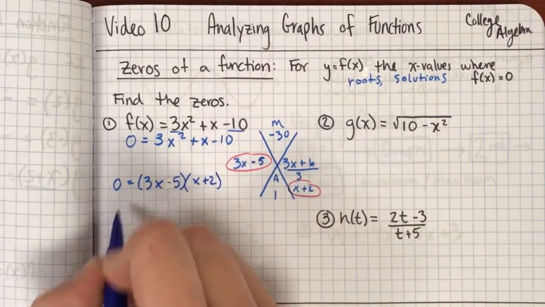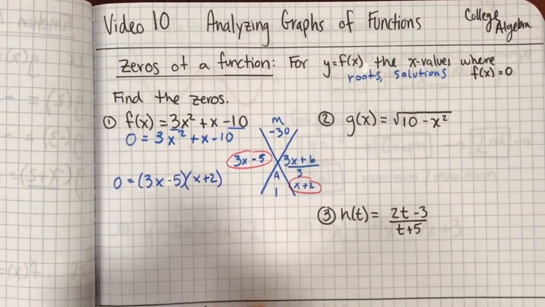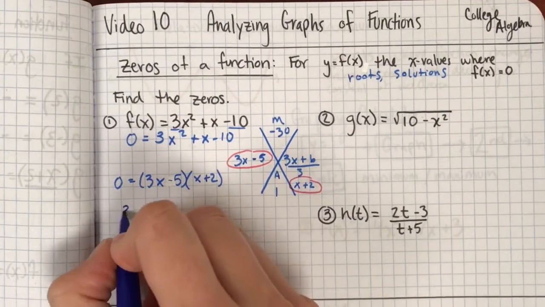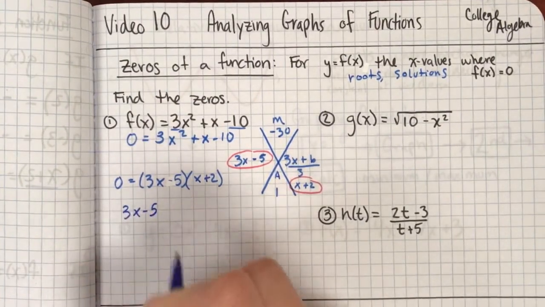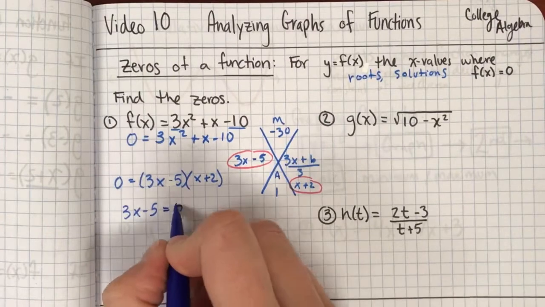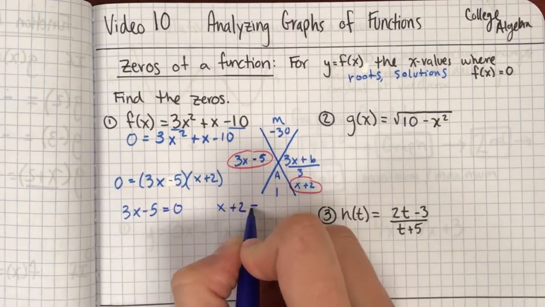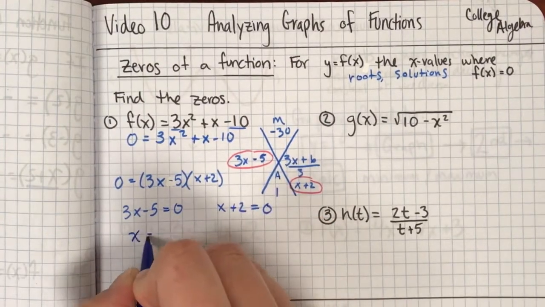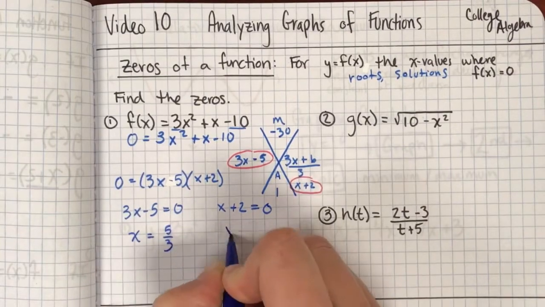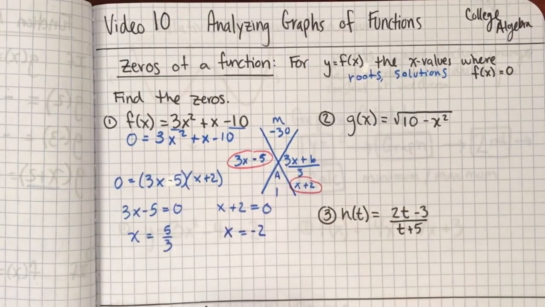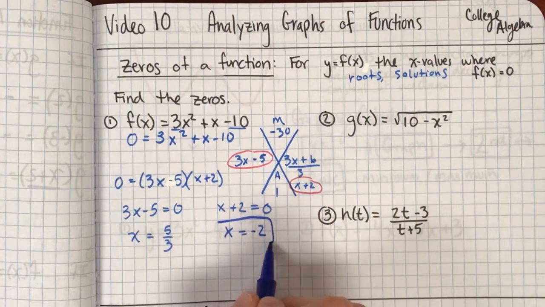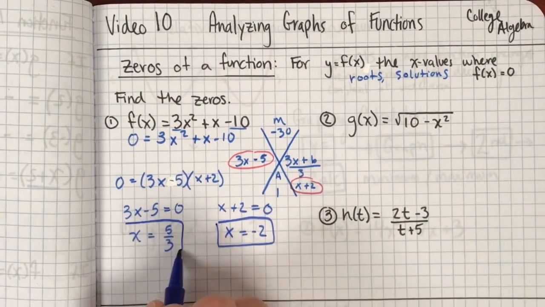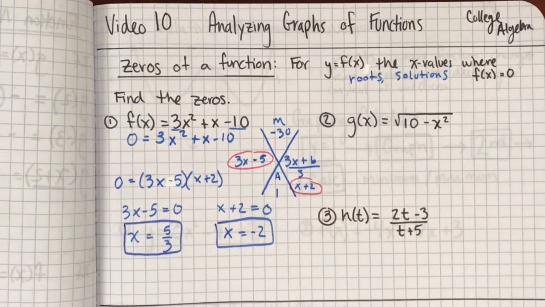All right, so from there we use the zero product property where we set each factor equal to 0 and then we solve. All right, so we've got our two answers, x equals negative 2 and x equals 5/3.